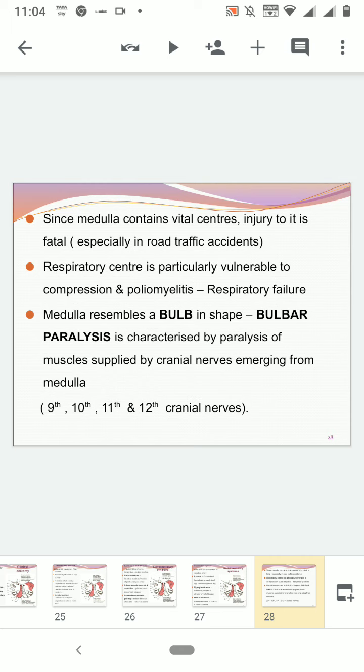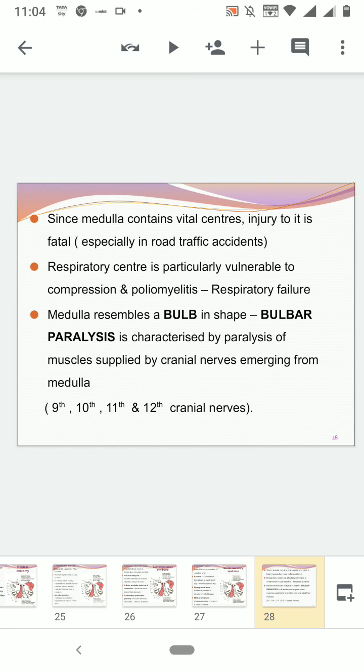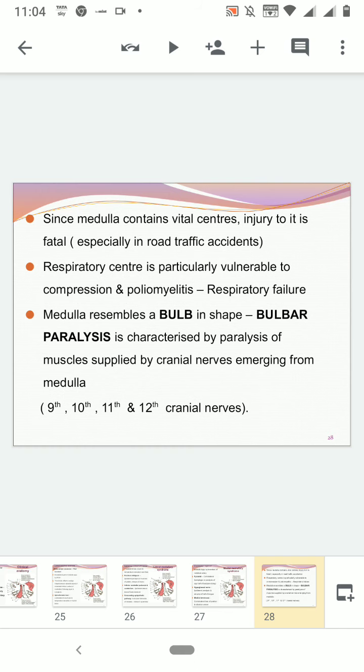Again, for summary, you have to know 3 sections. One is at the lowermost part of the medulla at the level of the pyramidal decussation. Just above, you have the level of the sensory decussation where the internal arcuate fibers and the medial lemniscus are formed. Then you have the uppermost part of the medulla, where it opens up to form the lower part of the floor of the 4th ventricle, and there you have most of the cranial nerve nuclei.